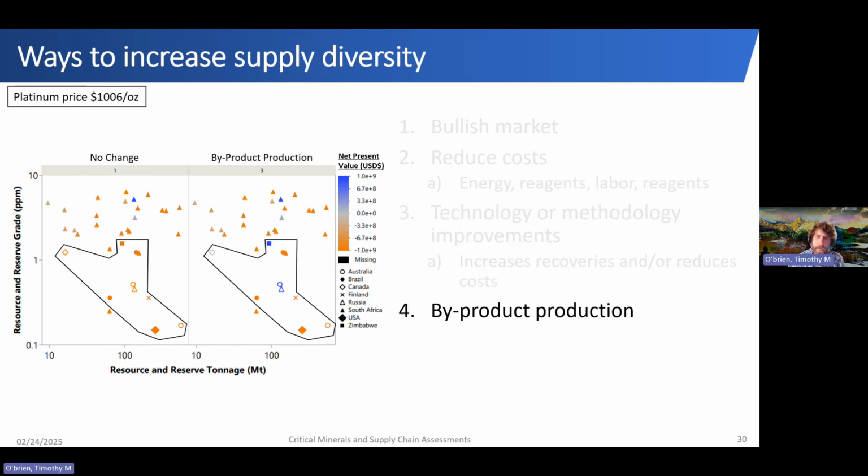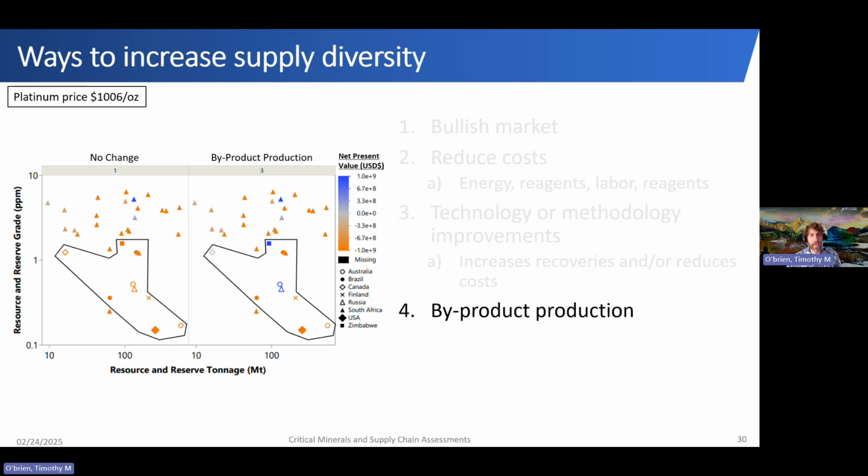It's only when we look at the byproduct production do we actually see some kind of change. And people familiar with the platinum group metal industry will know that these platinum projects are not just produced in a void. Other commodities such as palladium, osmium, nickel, cobalt, and gold are all recovered from these operations.